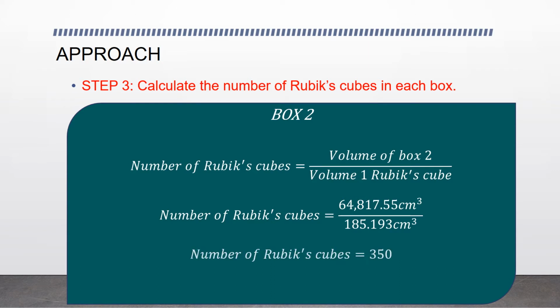When we divide, we find that box 2 can hold up to 350 Rubik's cubes.